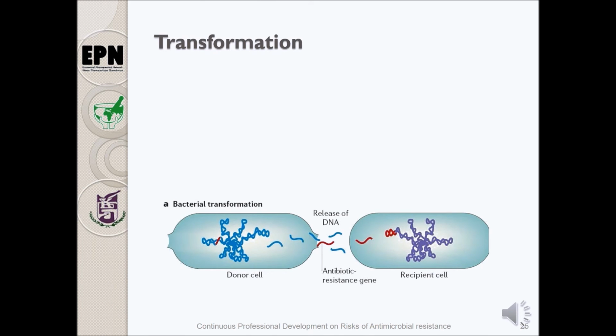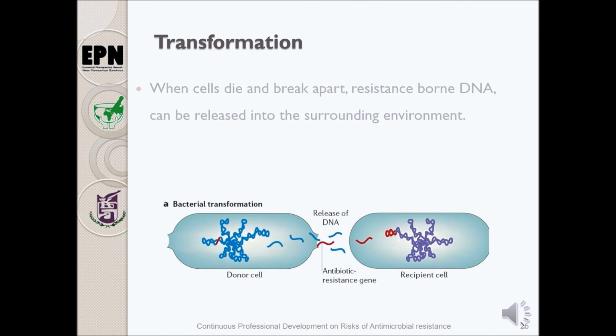In transformation, the transfer of naked DNA from a dead bacterium to other bacteria in close proximity occurs, and the living bacterium is able to incorporate the resistant gene into its own DNA.